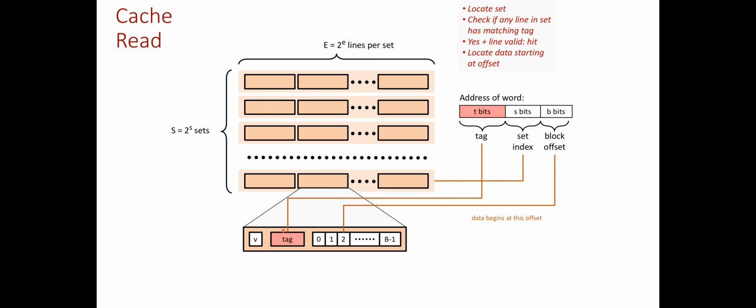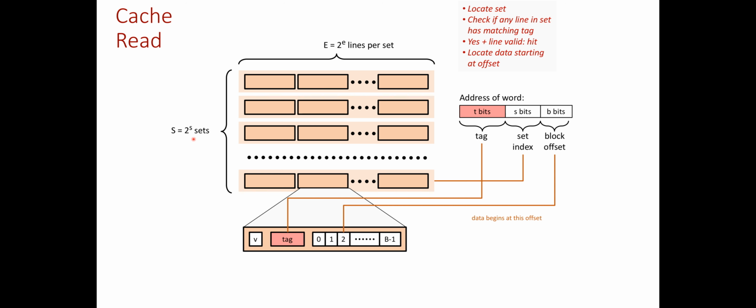So we won't see a lot of caches with a whole bunch of lines. 8 is about our limit these days because we want that read to be really fast. And so that's the reason why you don't see lots of lines per set, and that's the reason that the number you need here for this small e is usually small.